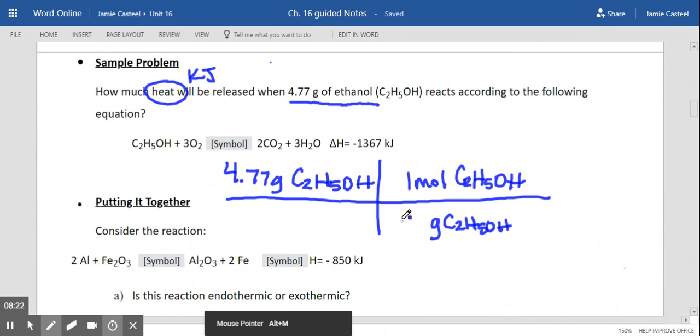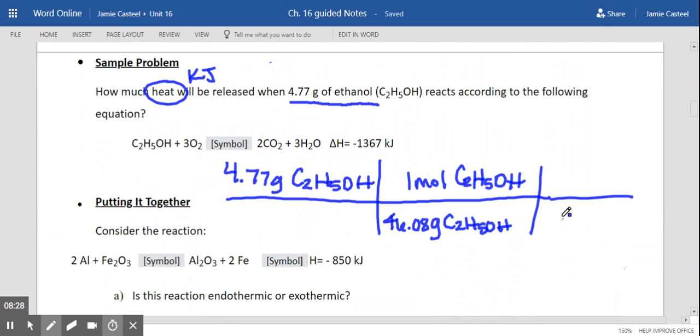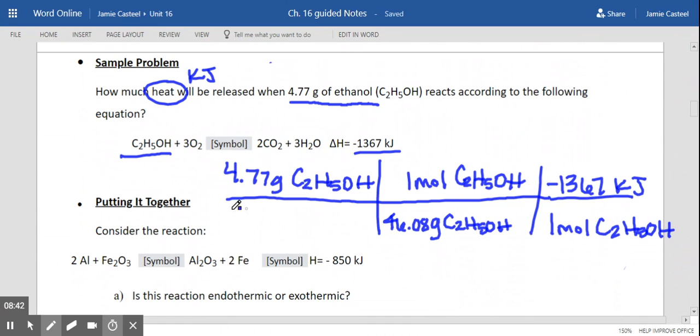Okay, so that amount I think comes up to 46.08. I might be wrong on my math there. I did it quickly. And then for every 1 mole of ethanol consumed, look back at your reaction. 1 mole equals negative 1,367 kilojoules. All right, so you'll work out the math here.